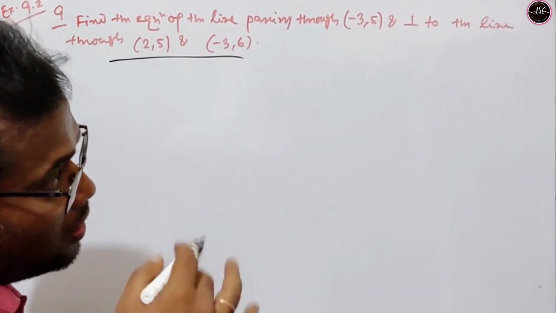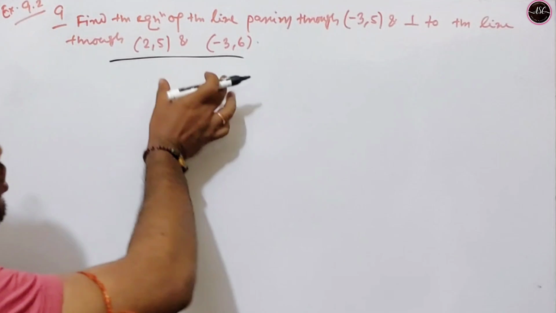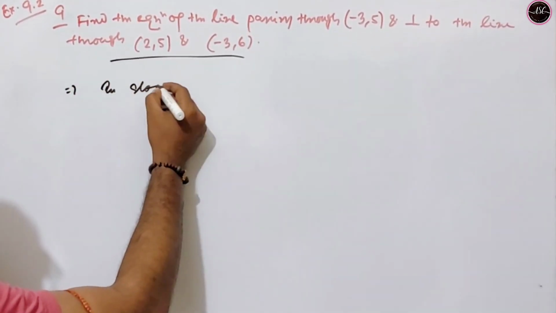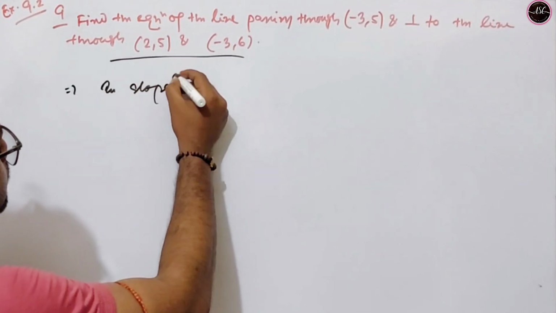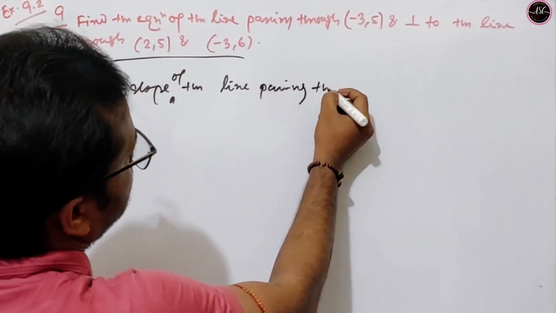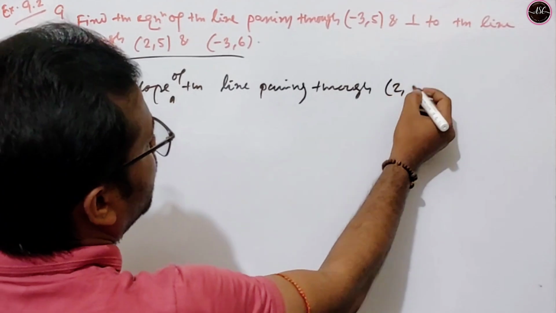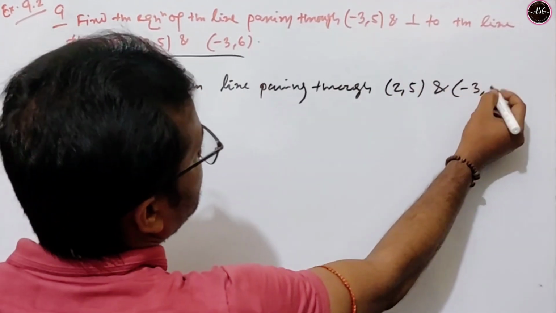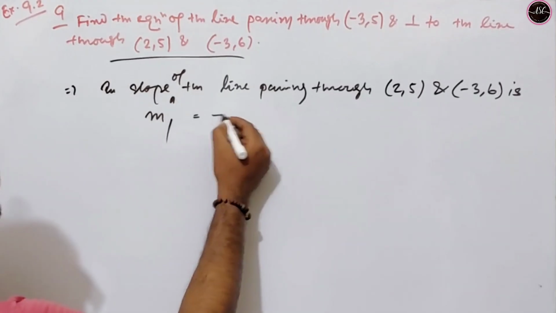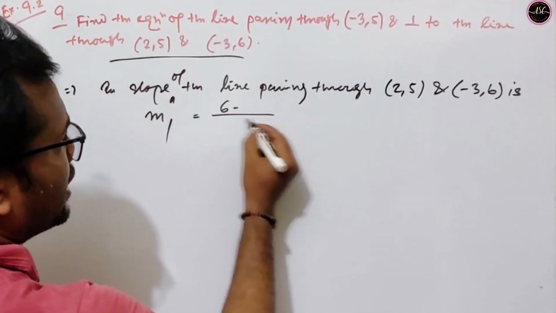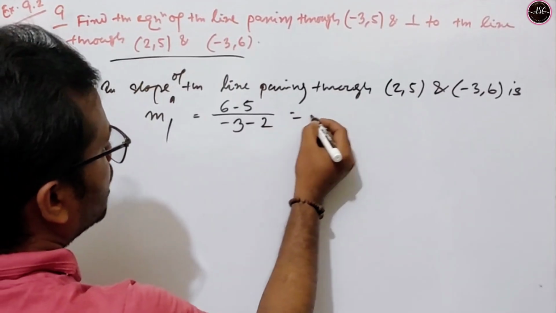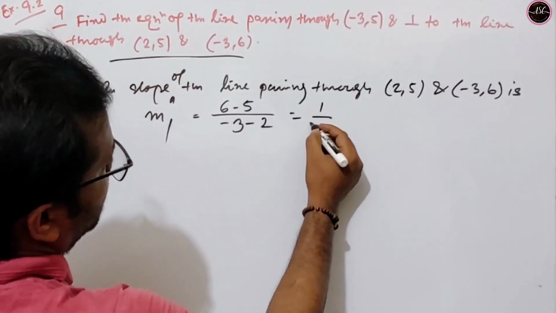So the slope of the line passing through (2, 5) and (minus 3, 6) is m1, equal to y2, 6 minus y1, 5, divided by x2, minus 3 minus x1, that means 2, equal to 1 divided by minus 5.